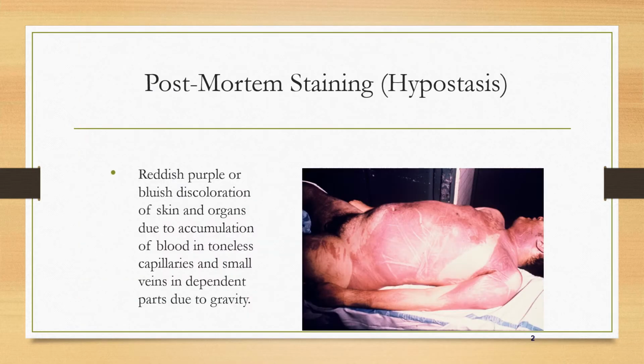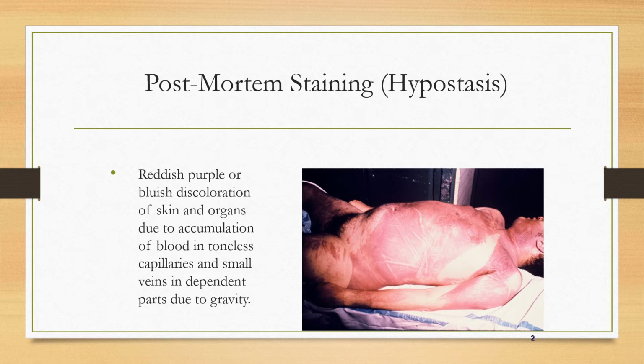We will be studying today about postmortem staining, also called postmortem hypostasis, and the synonym is postmortem lividity. It is the reddish purple or bluish discoloration of the skin and organs due to accumulation of blood in toneless capillaries and small veins in dependent parts due to gravity.